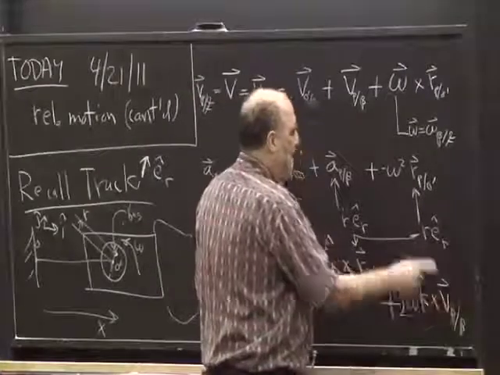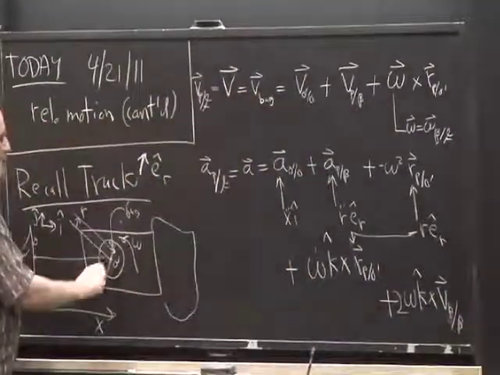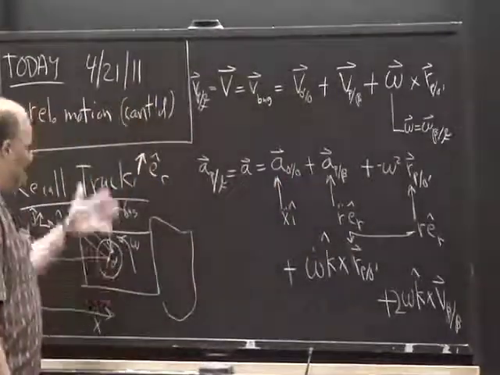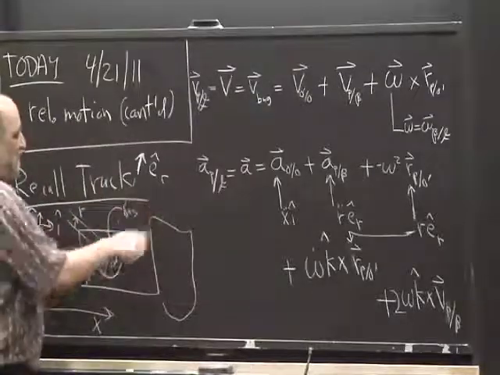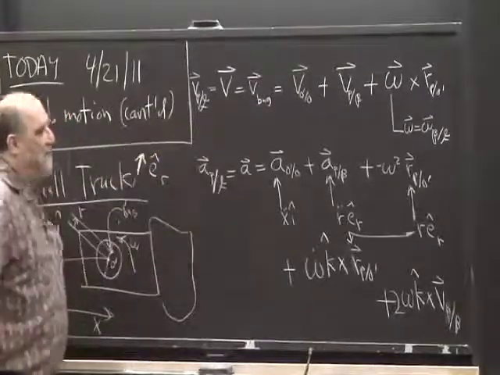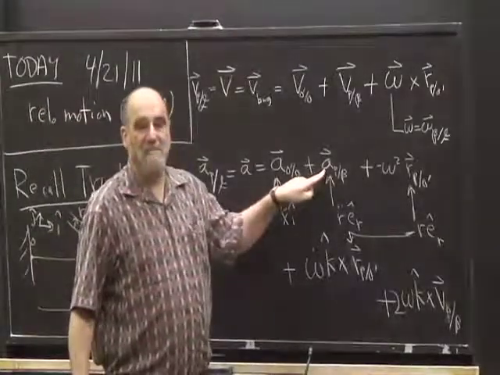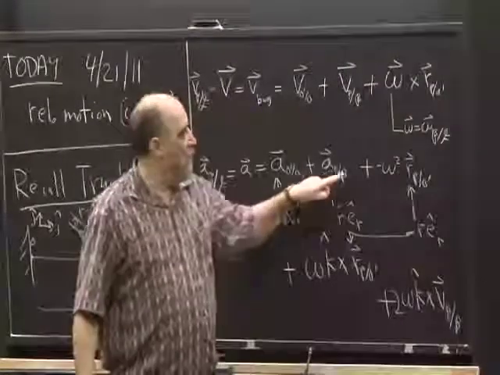If we want this term and not this one, we have to have the bug going at a constant velocity along this line. Of course, it's moving in a crazy path, right? The actual path of this bug, while this truck is moving, is some crazy spiral thing. But if we want to kill this term, we're going to say constant velocity in the moving frame, which means the bug walking at a constant rate along the line.